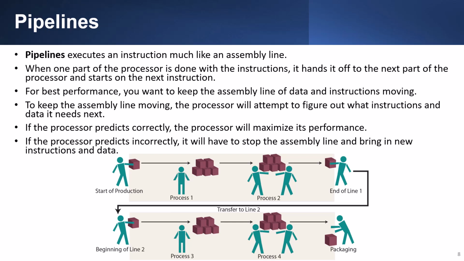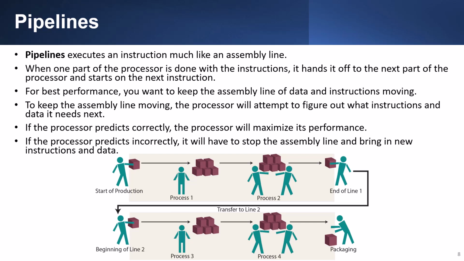The processor is a busy data processing factory. To keep it as busy as possible and working hard, a pipeline consisting of data instructions are processed much like an assembly line. When one part of the processor is done with the instruction, it hands it off to the next part of the processor and starts on the next instruction. For best performance, you want to keep the assembly line of data and instructions moving.